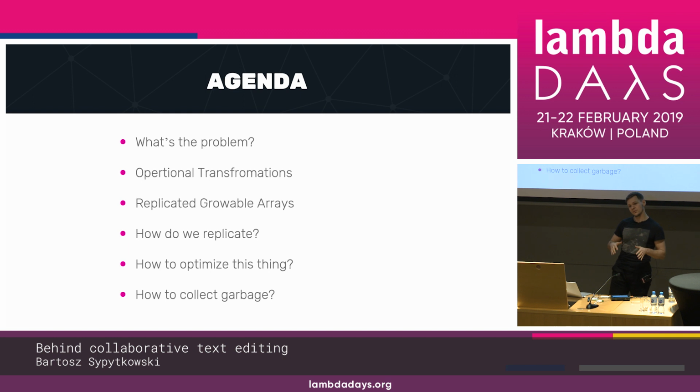Later on, we will move to the actual meat of this talk, which is about conflict-free replicated data types, why we could choose them instead of operational transformations, and so on. And also, how we can implement them, how this algorithm works, what problems it introduces, and how we can solve the problems that it does introduce.